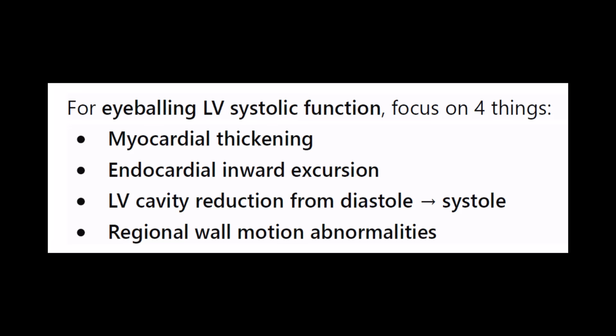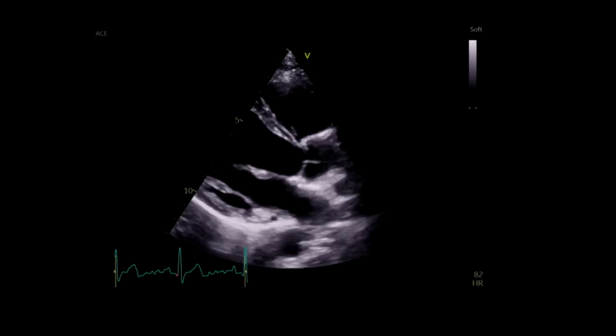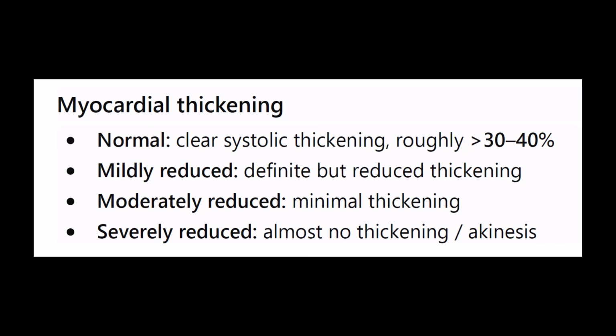So for eyeballing the LV systolic function, you need to focus on 4 things: myocardial thickening, endocardial inward excursion, LV cavity reduction from diastole to systole, and regional wall motion abnormalities. Starting with the myocardial thickening, normally there is clear systolic thickening of roughly 30 to 40% or more. So 30 to 40% thickening is considered to be normal.